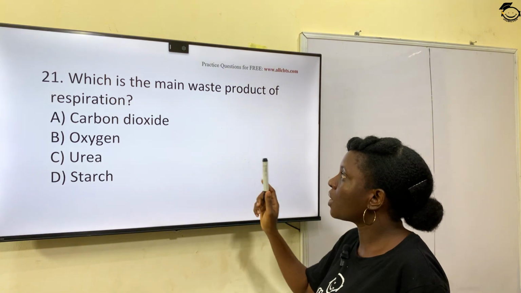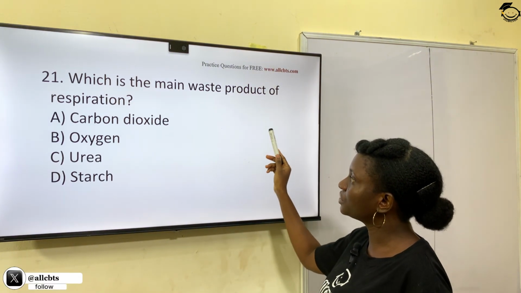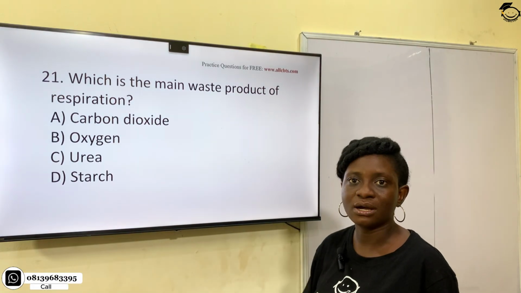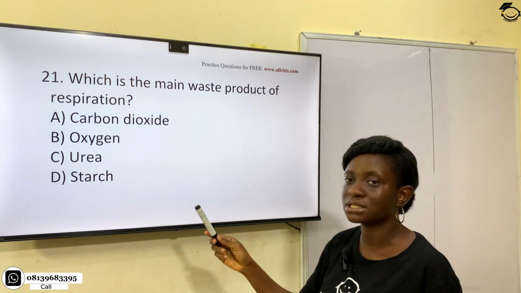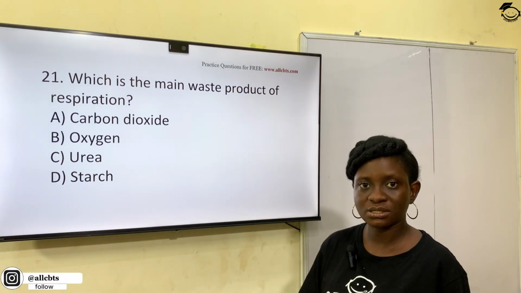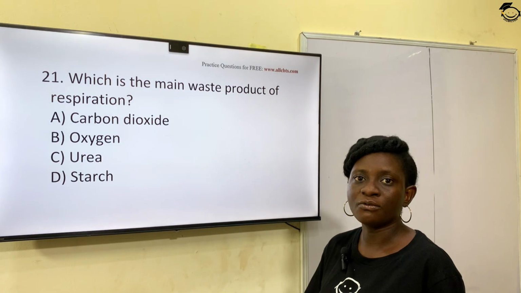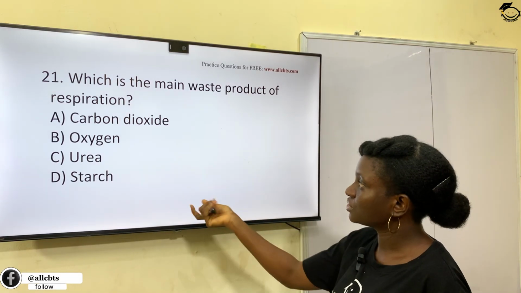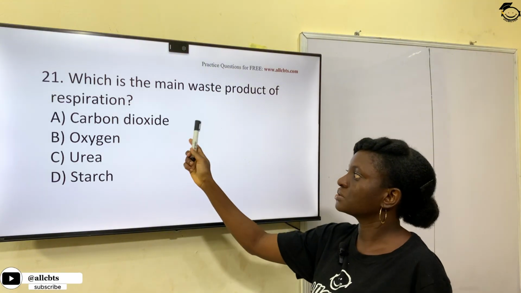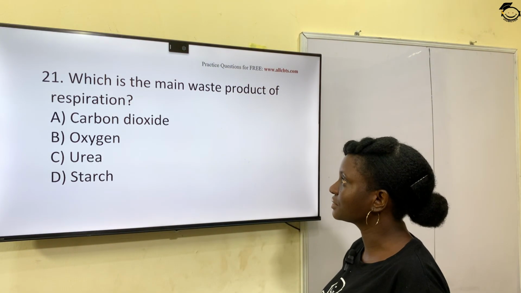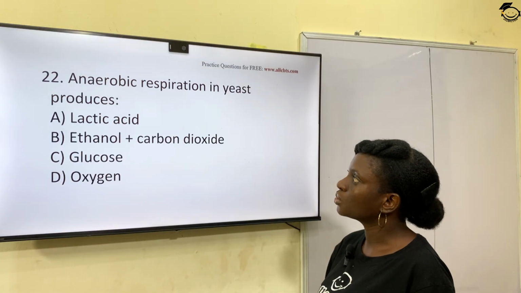21. Which is the main waste product of respiration? A. Carbon dioxide, B. Oxygen, C. Urea, D. Starch. The main waste product of respiration, what is being exhaled, is CO2, carbon dioxide. Option A is the correct answer. 22.